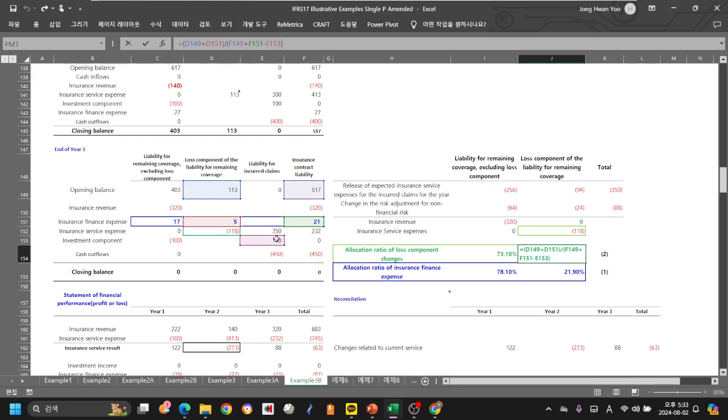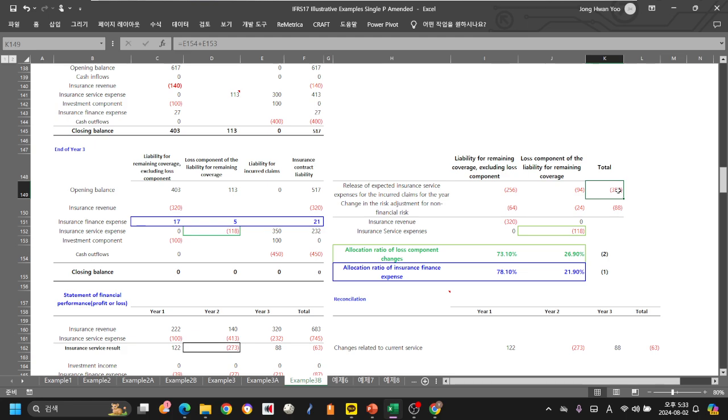But on the denominator, you have to add the total 515 and 21, and you have to subtract the investment component. This is the new one actually in year 2020 versus year 2017. And you have a slightly different allocation ratio.